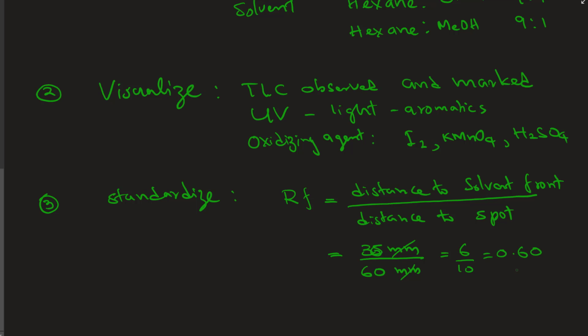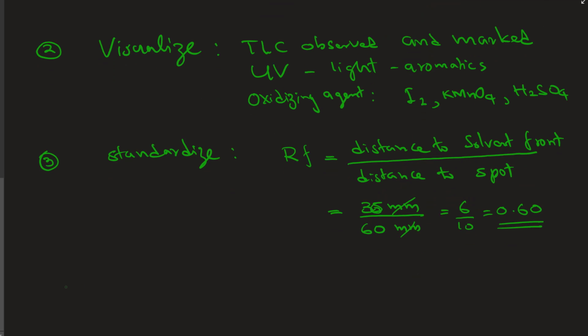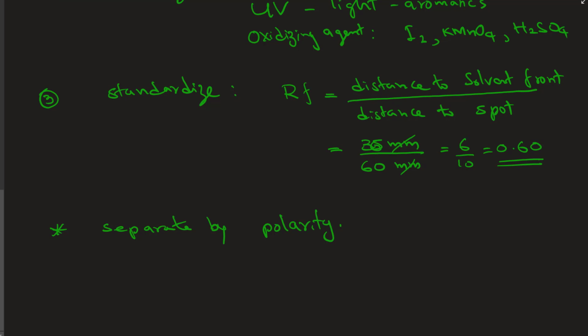So that would be 6 over 10, 0.60, because millimeter to millimeter cancels out. So this is a fraction, and you're always going to get fractions, and there are no units for the RF, right? So the RF is standardized, because if two people did it together, me and my student, we will get very close numbers, even though we have different sizes of TLCs, right?